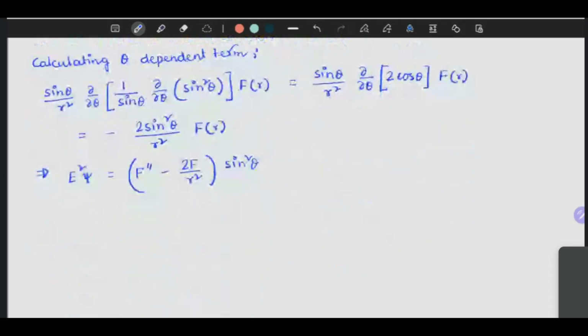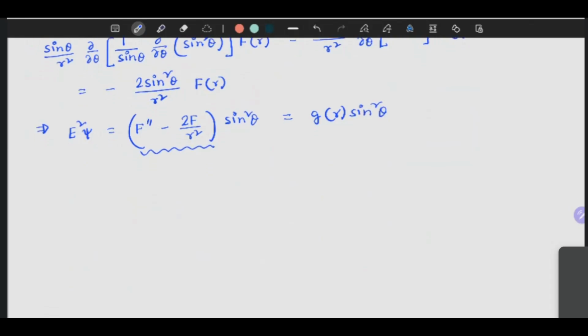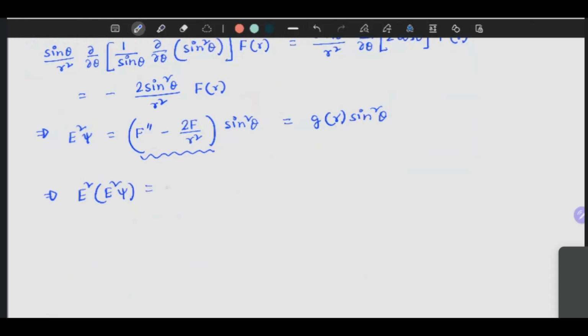From here we can write E square psi as g of r, a function of r only, times sine square theta. Now E square of E square psi equals 0, and that also you have to differentiate like this.